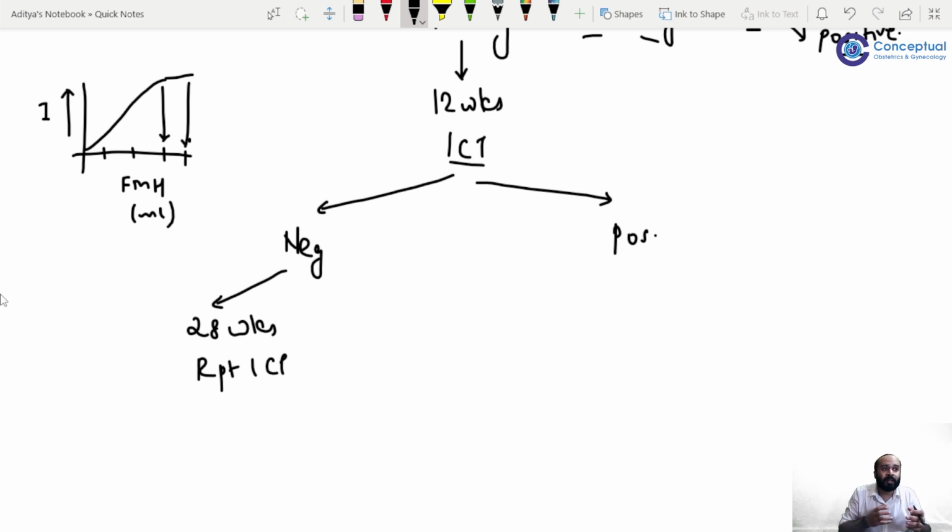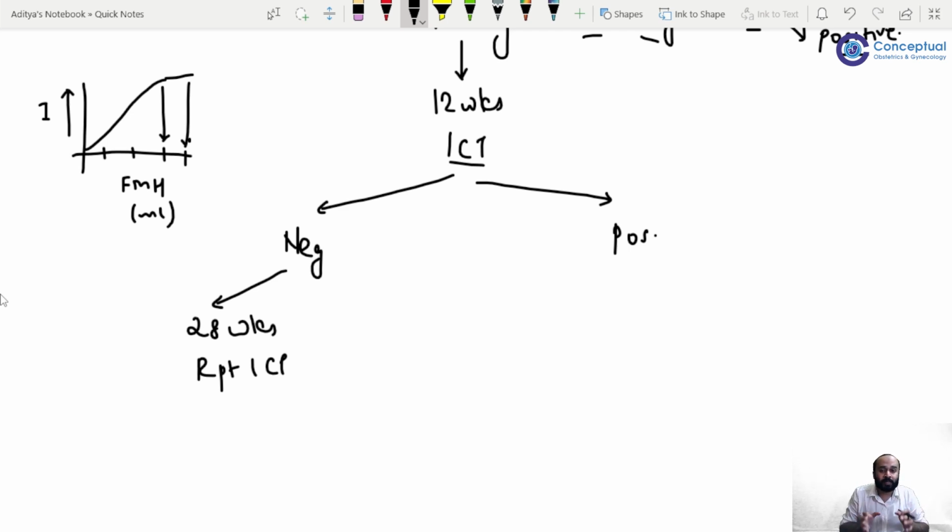Or apart from that, if there has been some invasive procedure like chorionic villus sampling or amniocentesis, if it was done in the second trimester, then there is a chance that she might have had an event of sensitization, of feto-maternal hemorrhage. Or if she has sustained an abdominal trauma, maybe in the form of an assault or an accident when she tripped and fell, with trauma to her abdomen in her second or third trimester.